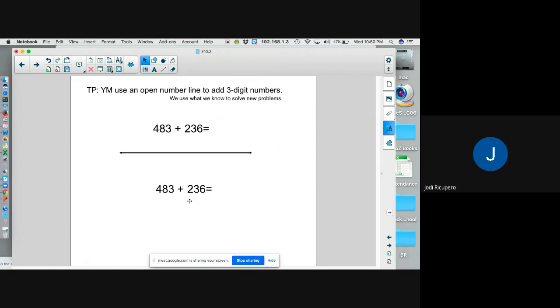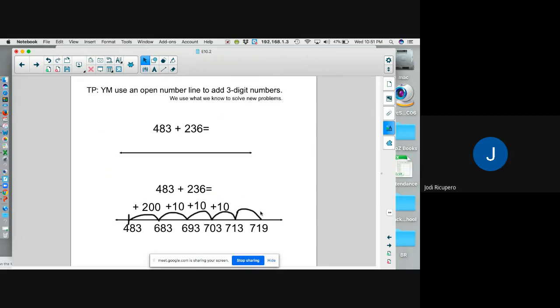483 plus 236. 483 plus 236 equals 719. So we started at 483.